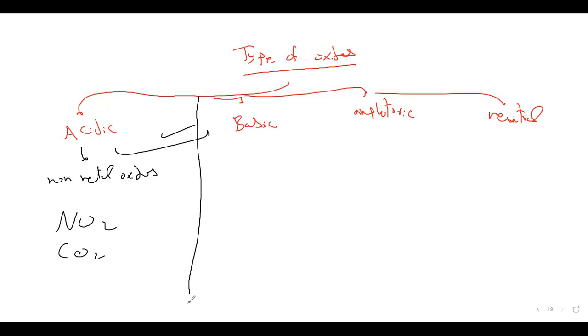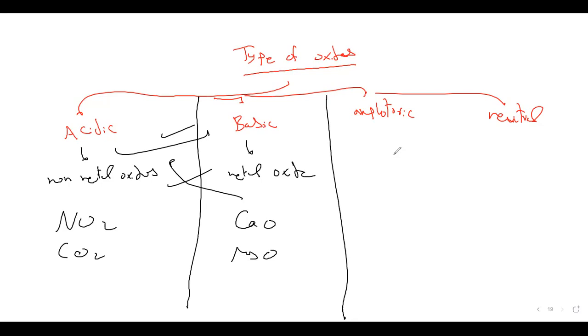Basic oxides are metal oxides, and they can react with acids, like calcium oxide, magnesium oxide. Amphoteric oxides react with both acid and base, like zinc oxide and aluminium oxide.